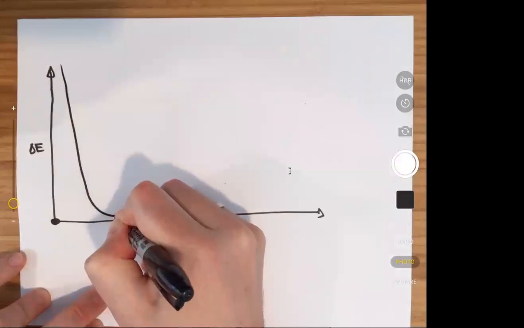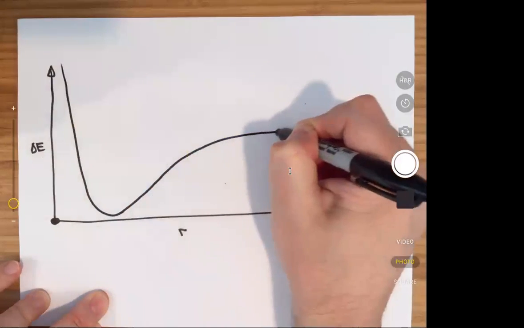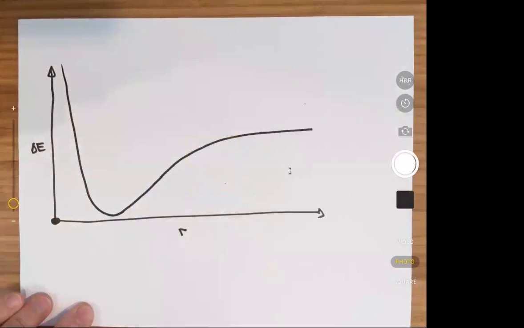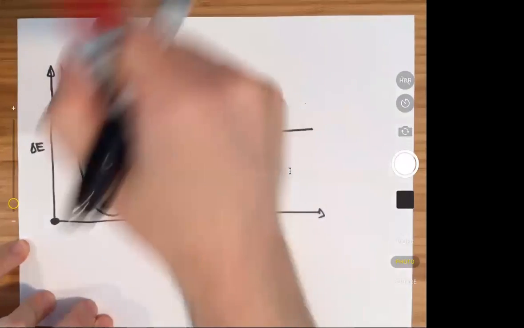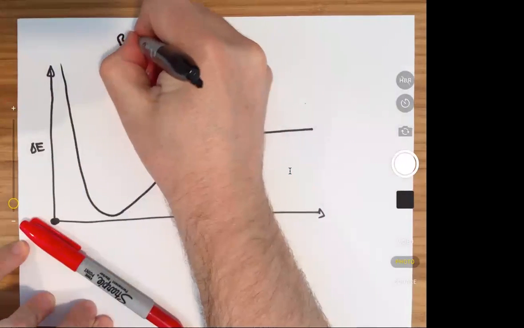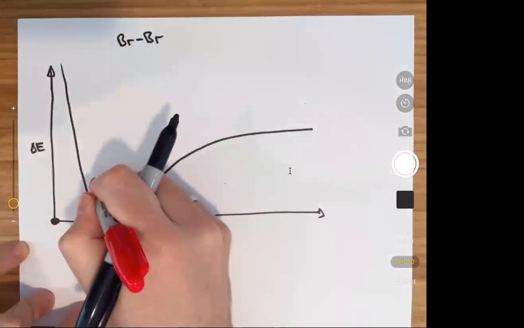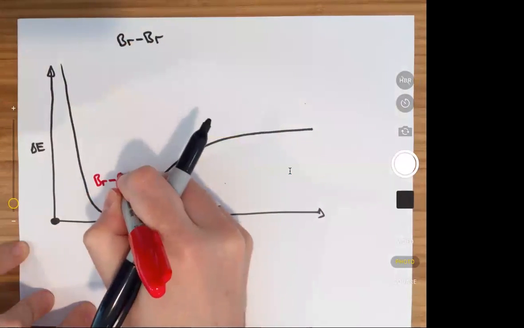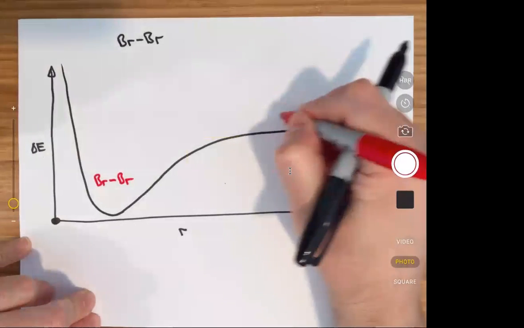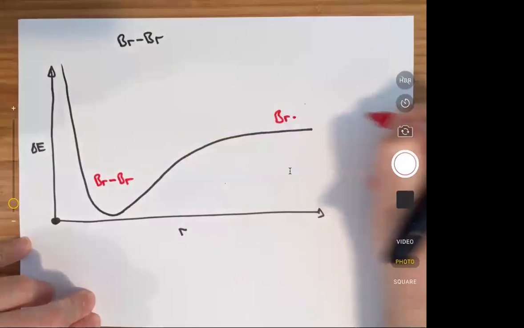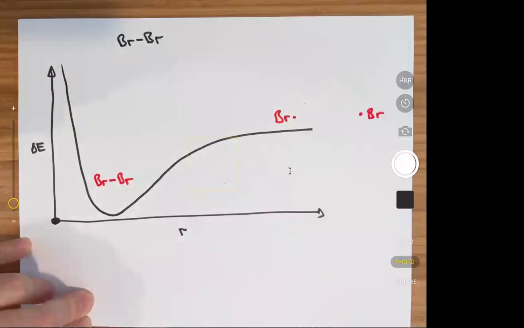Here you have the bonding distance, and then you have a slow increase in energy again until you reach infinite separation. Let's take the Br2 molecule as the example. This would be the bonding distance, and here you would have an infinite separation between the two nuclei.